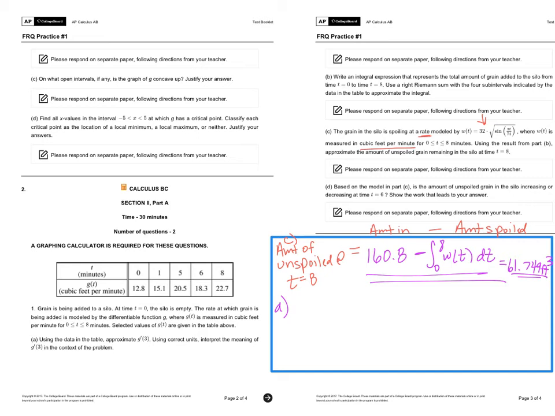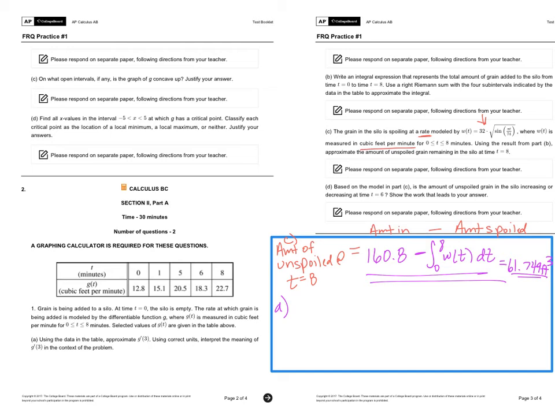But the question is talking about the rate, right? Because it says, is the amount of unspoiled grain increasing or decreasing? So you would have to think, is the rate that I'm putting in grain faster than the rate that it's spoiling, or the other way around?